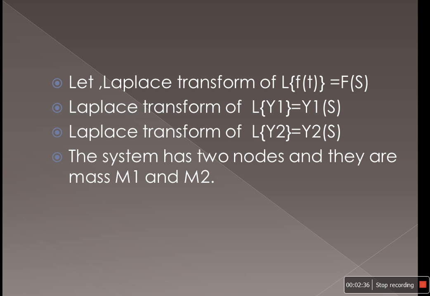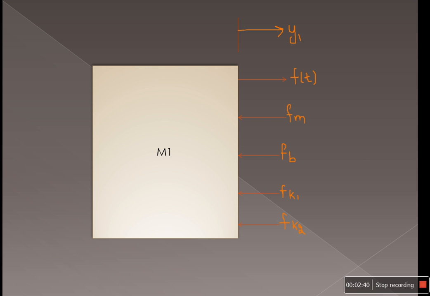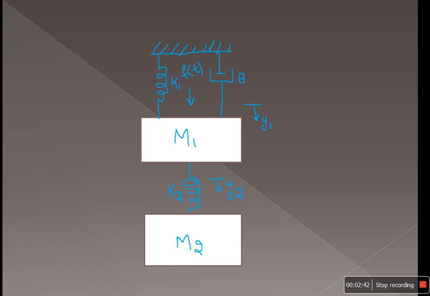We already know the system has two nodes, m1 and m2. For m1, the forces are the opposing force due to k1, the applied force F of t, the opposing force due to friction, that is the dash pot, the opposing force due to m1, and also the opposing force due to k2.